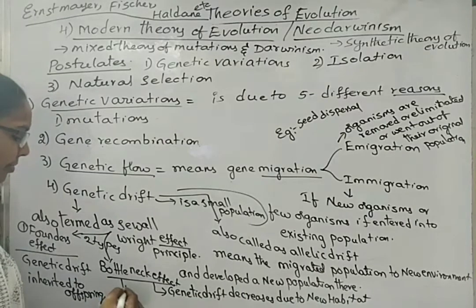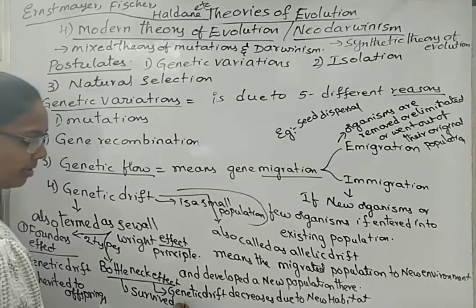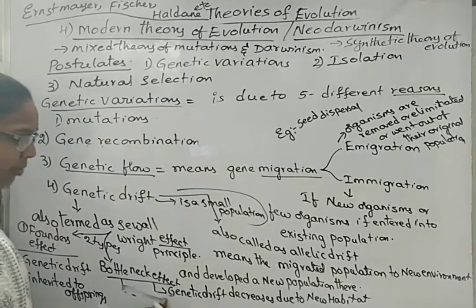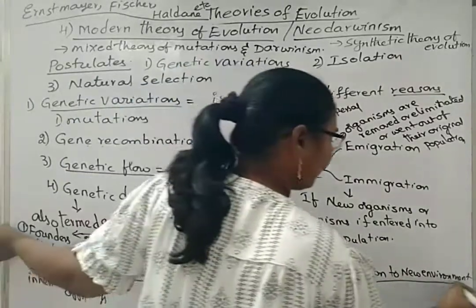So, only the survived genetic drift is inheritable. Survived. So, here there is no place, I will write here.